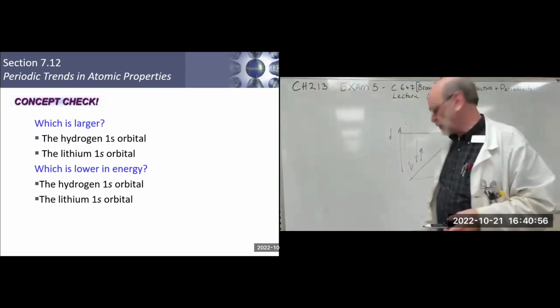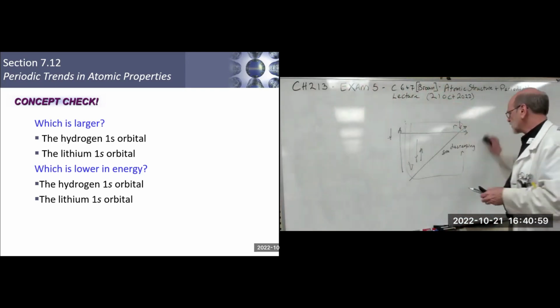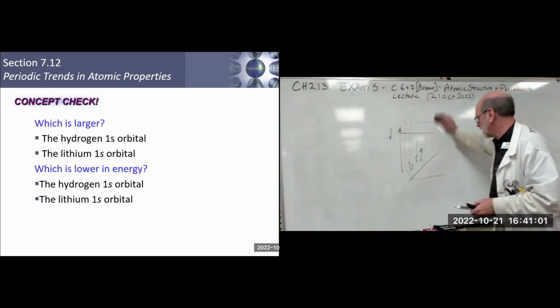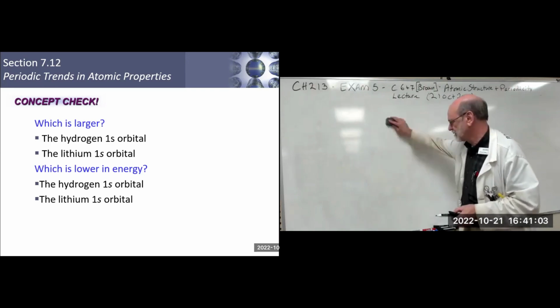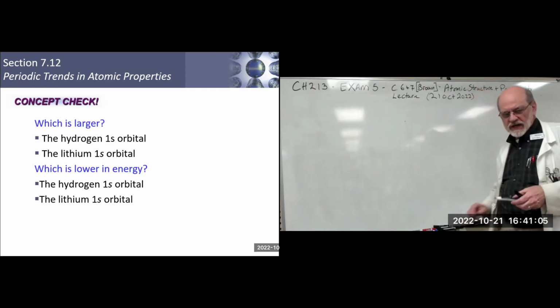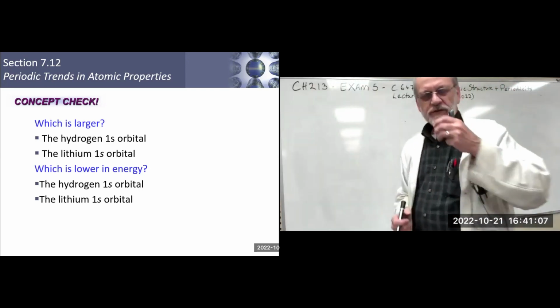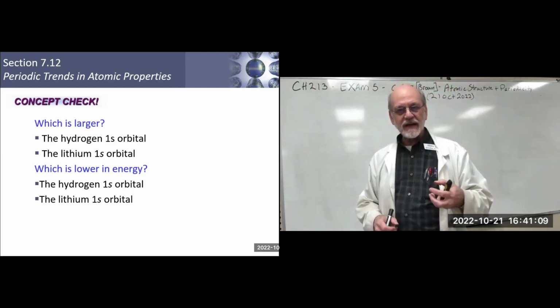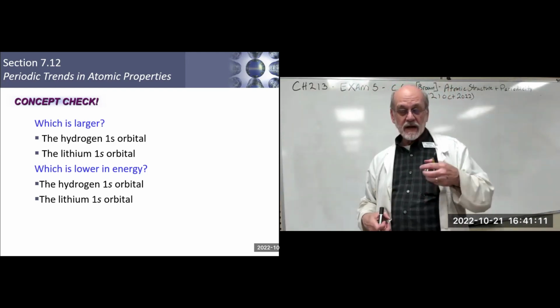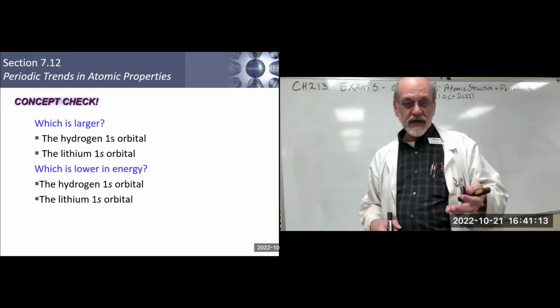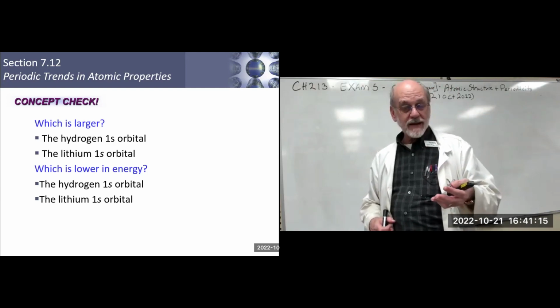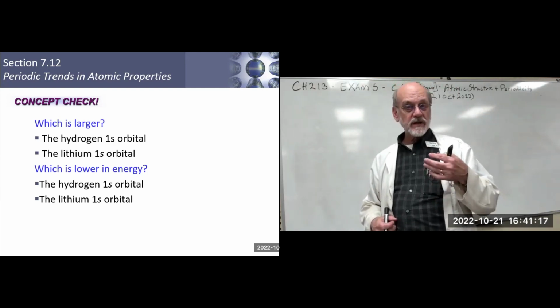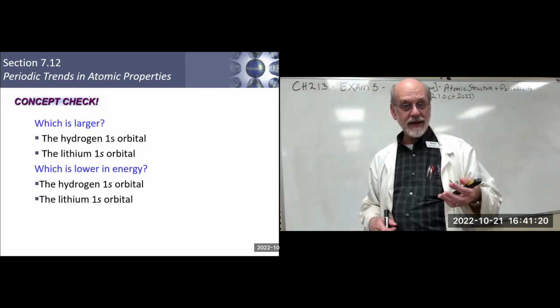All right. Now we're getting pretty close to the end. The point of this concept check is to emphasize the fact that 1s around one atom is not necessarily the same as 1s around another atom.